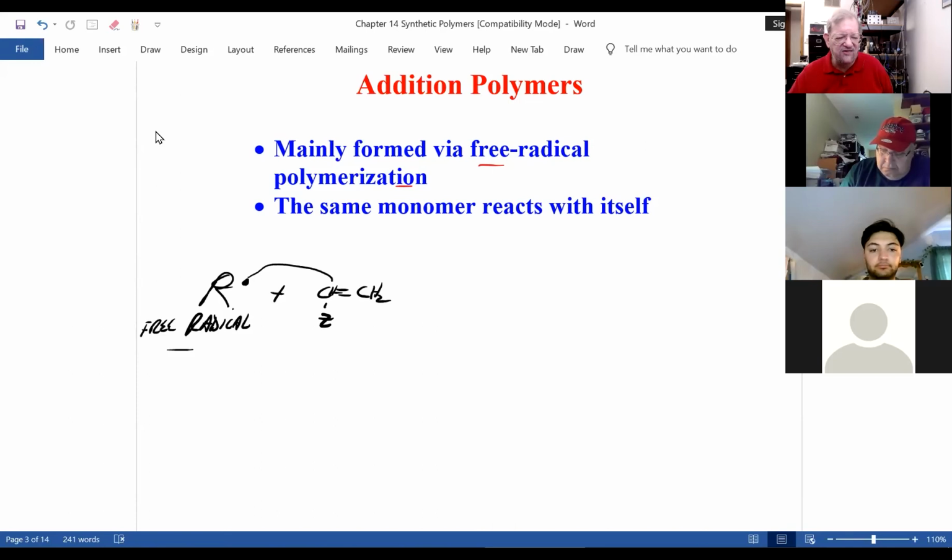This attacks that. The one electron goes there, and it forms a new radical. And this can react with more of the monomer. Notice I have a radical here.